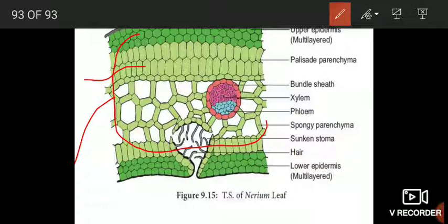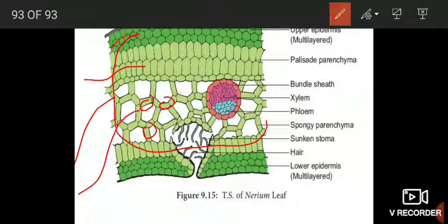They are placed one above the other, in the form of layers. And this region is known as the spongy parenchyma. Here in this region, the cells are parenchymatous, and they are placed in such a way that some intercellular spaces are present between the cells.